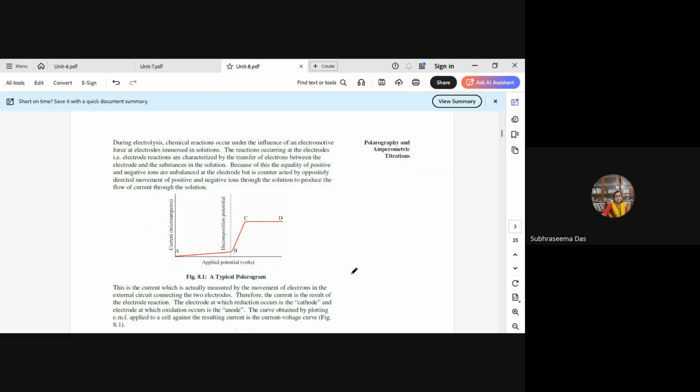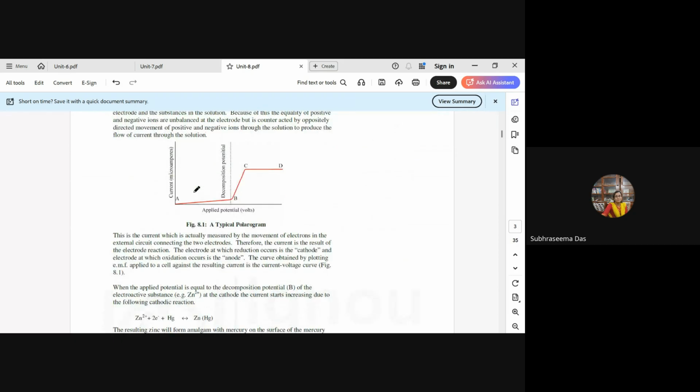The charges of positive and negative ions are balanced out, counteracted by oppositely directed positive and negative ions throughout the solution. The current is actually measured by the movement of electrons in the external circuit connecting the two electrodes. Therefore the current is the result of the electrode reaction. The electrode at which reduction occurs is called the cathode, and the electrode at which oxidation occurs is called the anode.